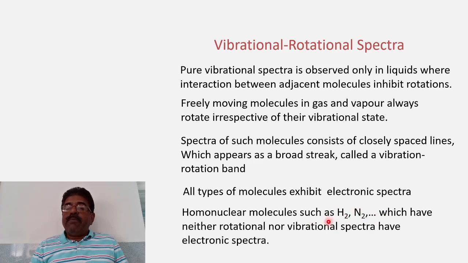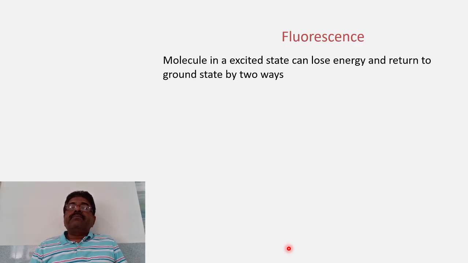The oscillating dipoles cancel out the effect of each other. Therefore, homonuclear molecules do not possess vibrational and rotational spectra, but they can show the electronic spectra. They only possess the electronic spectra.